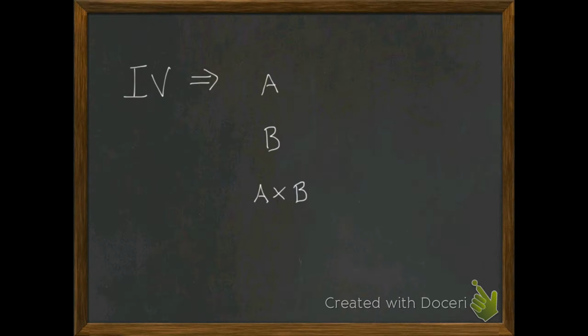Okay, so guys, in a two-way ANOVA, our independent variables are factor A, factor B, and the interaction of A cross B, and our dependent variable is whatever our measurement is that's quantitative.